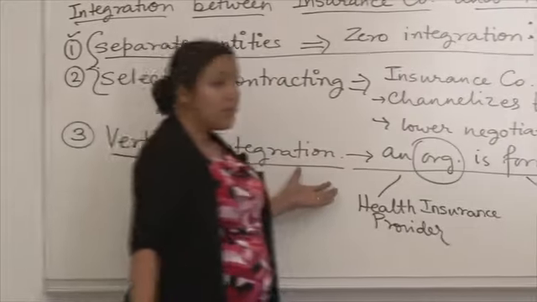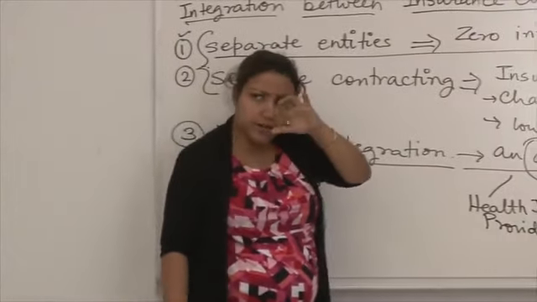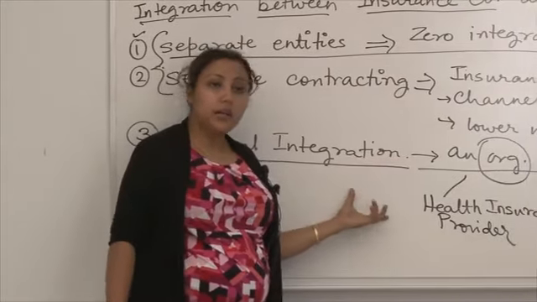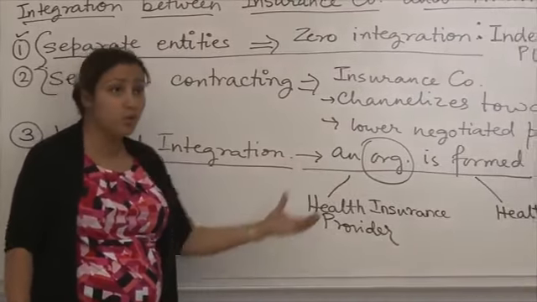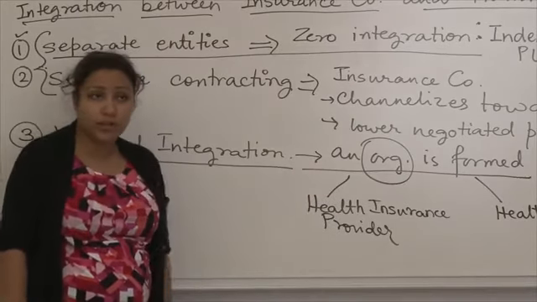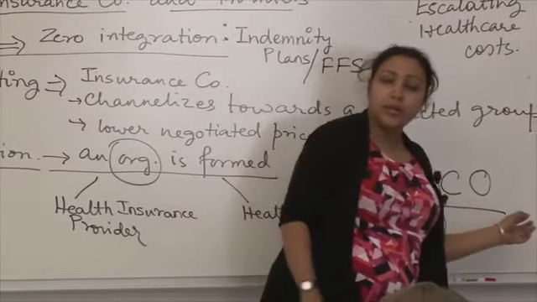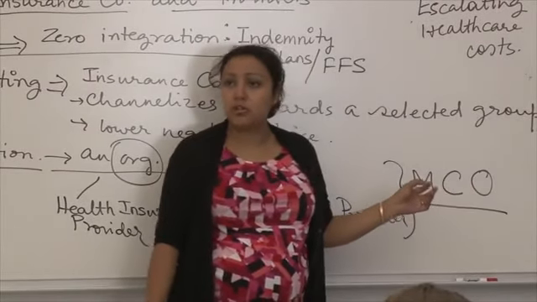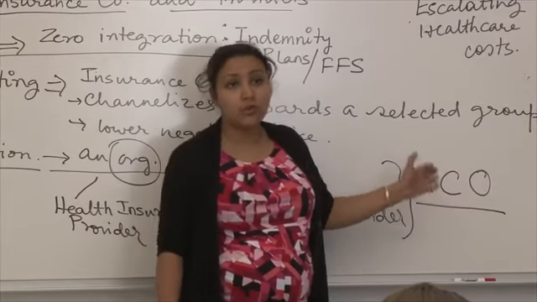Okay, so in a way Brad is correct when he says that, if they are integrating so much and becoming part of an organization, then this MCO must be able to get the better of patients. They should be able to exploit the patients even more, right? And that possibility is also there.